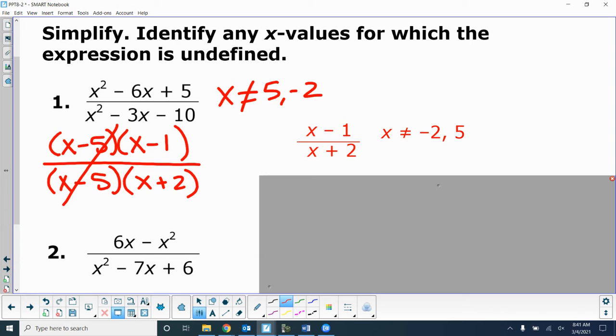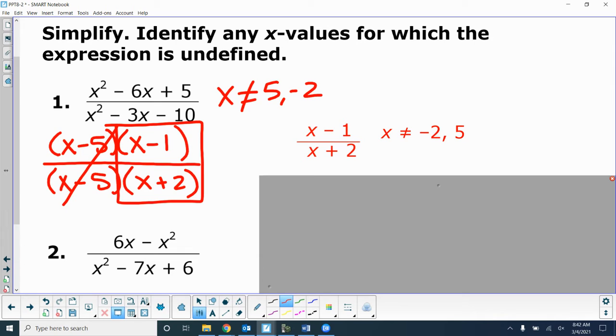Wait, so for the top one, the denominator, do I not need to put 1? See how it's X minus 1? The answer is this fraction. How'd you get 5?